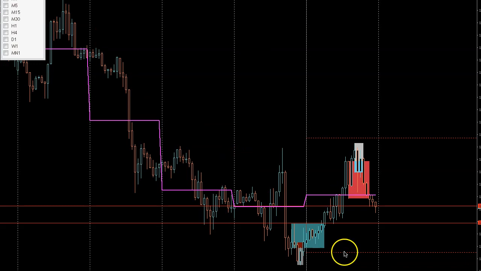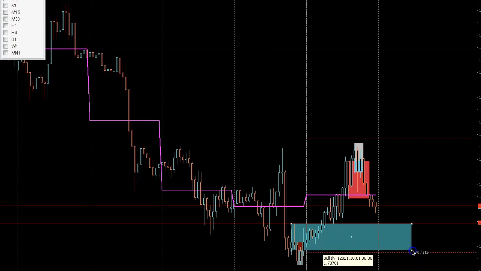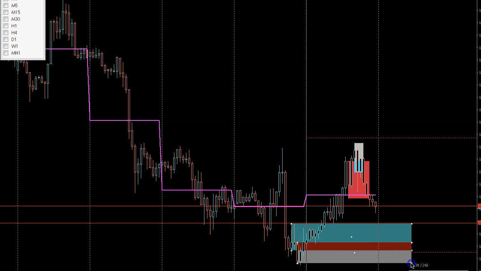So in here, if the market retraces back to any of these two blocks, this is a pair you more or less have to be careful on trading. It moves very drastically sometimes. So you maybe want to wait and see if it comes back in here.